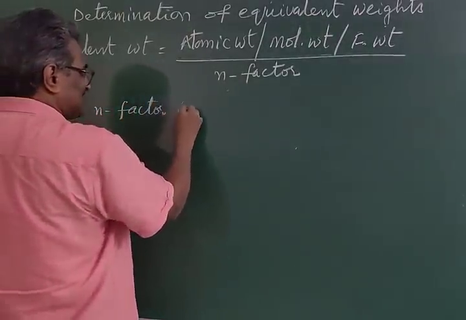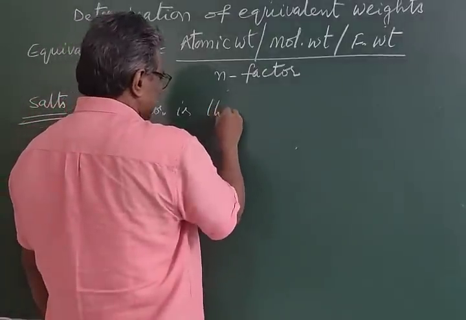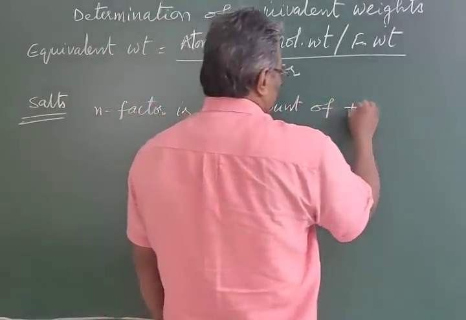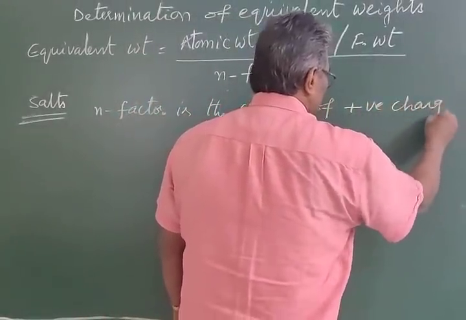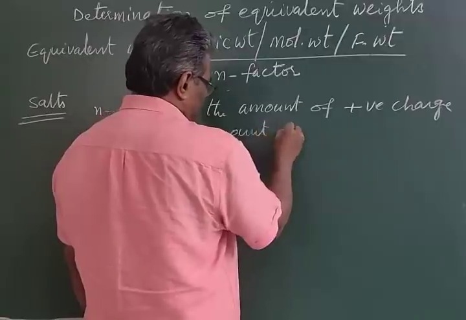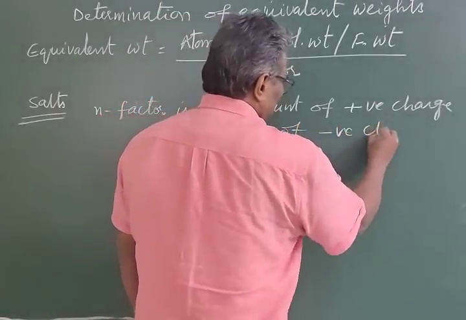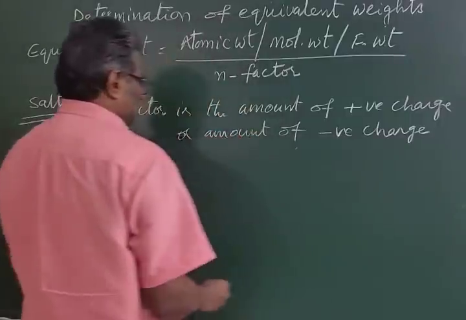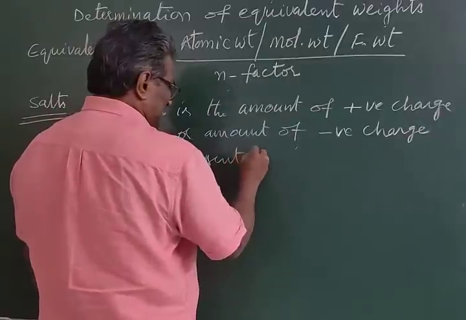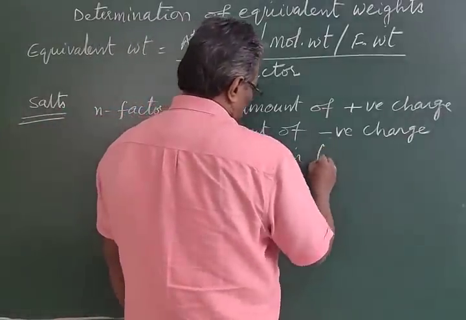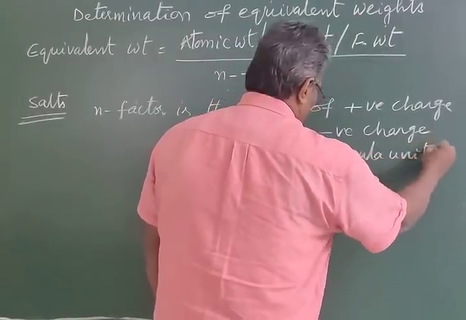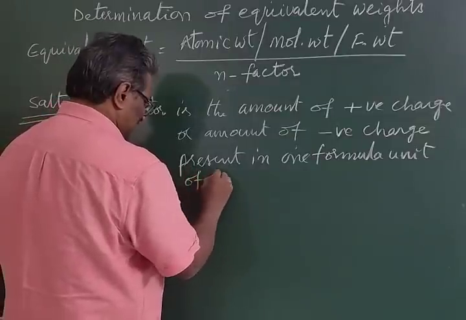N factor is the amount of positive charge or amount of negative charge, both are one and the same, both equal in magnitude, present in one formula unit of salt.